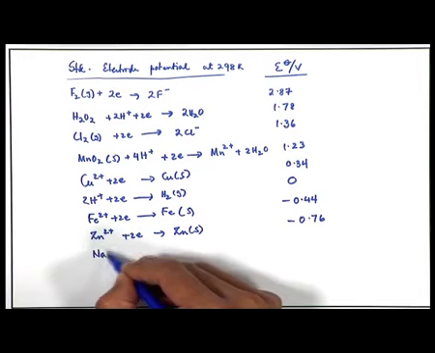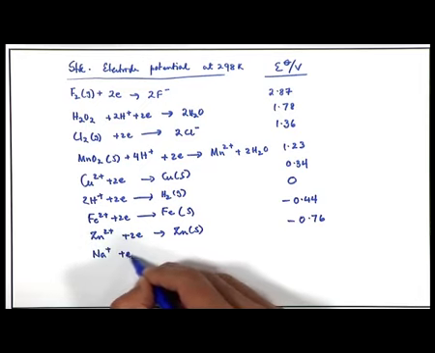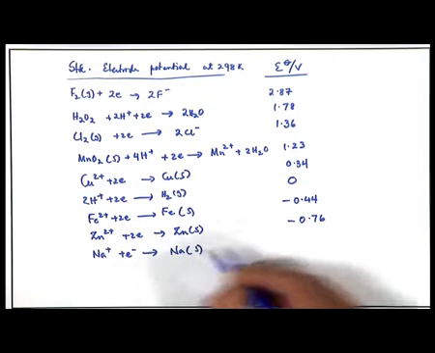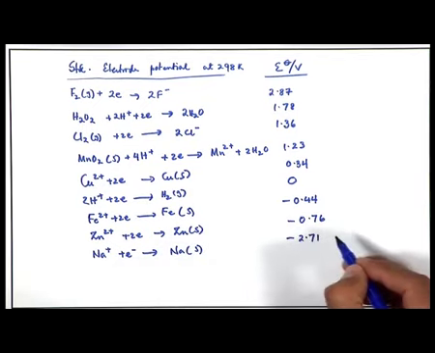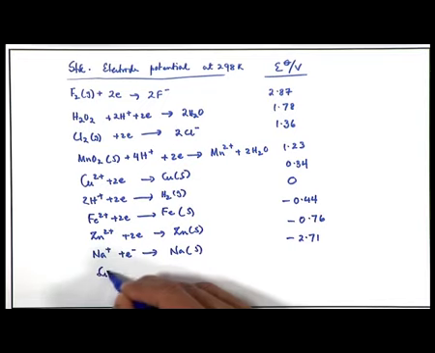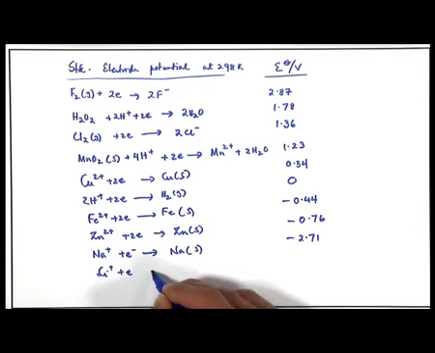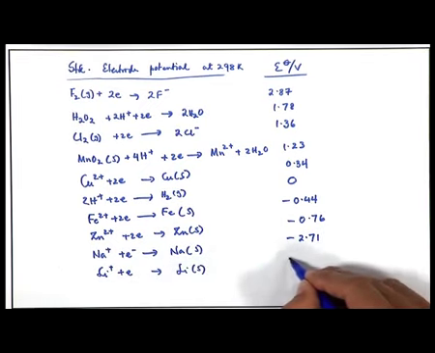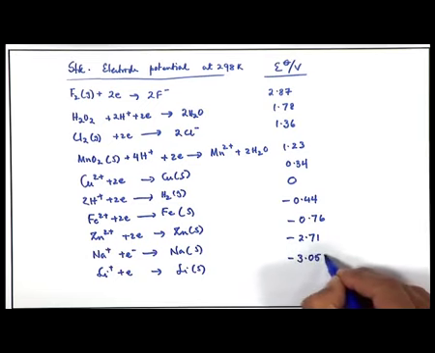Sodium plus plus electron gets you sodium solid, minus 2.71. Then lithium plus plus electron gets you lithium solid, it is minus 3.05 volt.